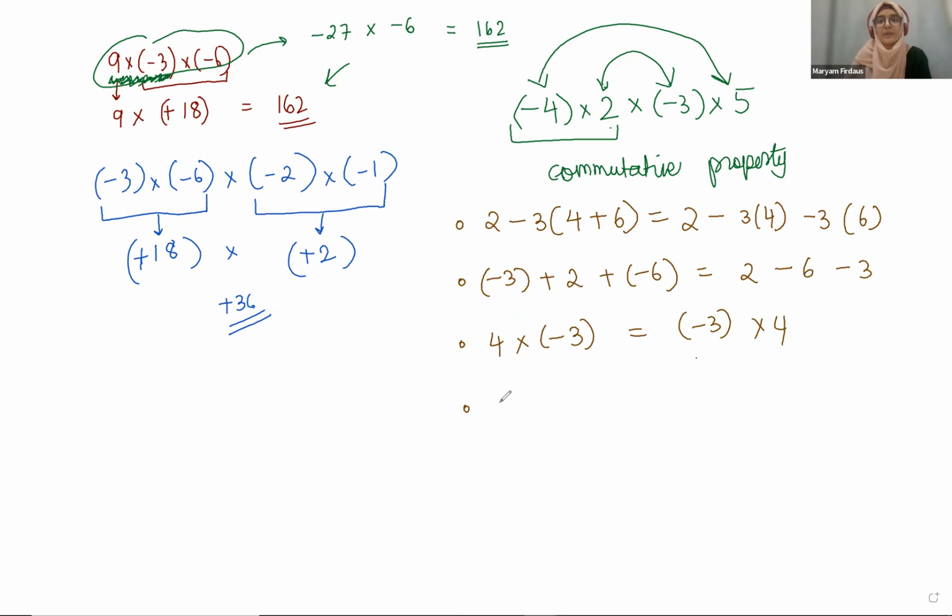And then another property: 520 plus 0 is equal to 520. Now tell me, which of these is a commutative property?